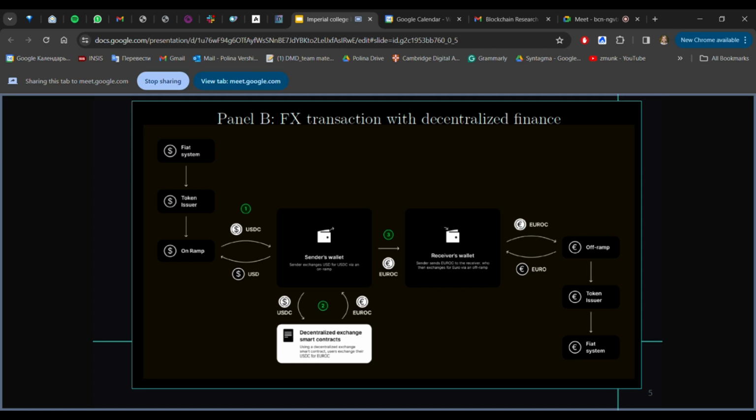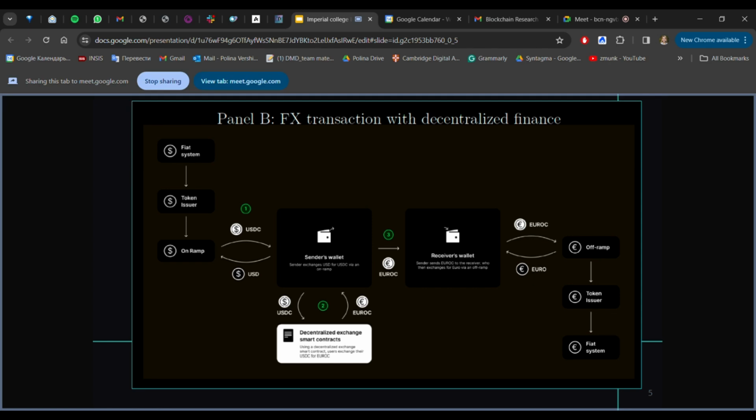And here on this diagram we see how it works with stablecoins, a DeFi transaction, which can or cannot happen across borders, which is actually interesting because basically the only difference would be the exchange of currencies. In this example, you see, first of all, USDC, this is a stablecoin issued by the company Circle, for USD, fiat on-ramp.